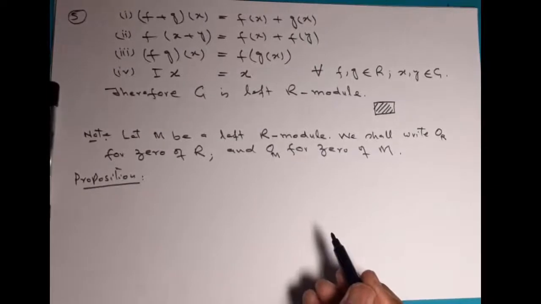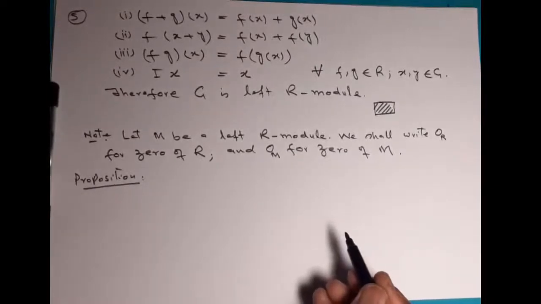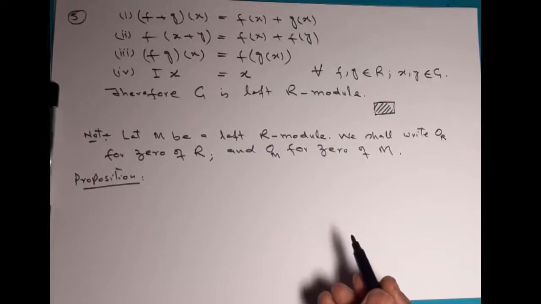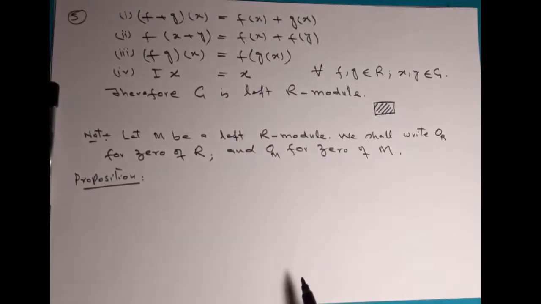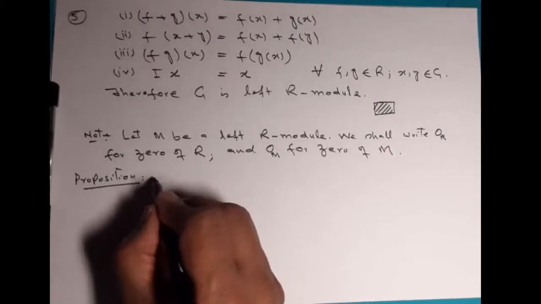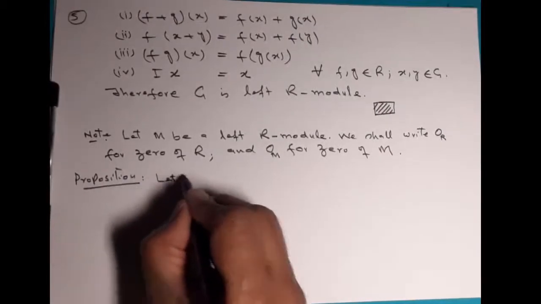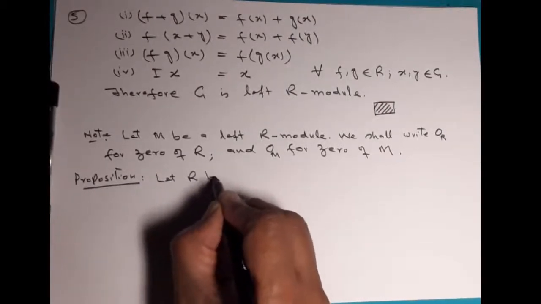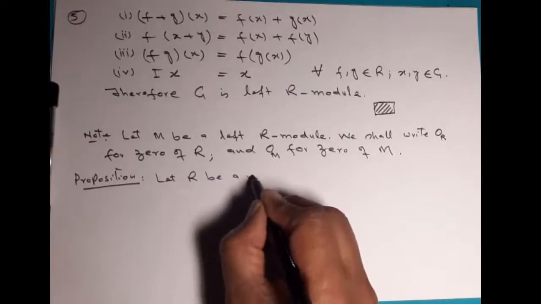So let M be a left R module. Then we shall prove that, let R be a ring with identity.